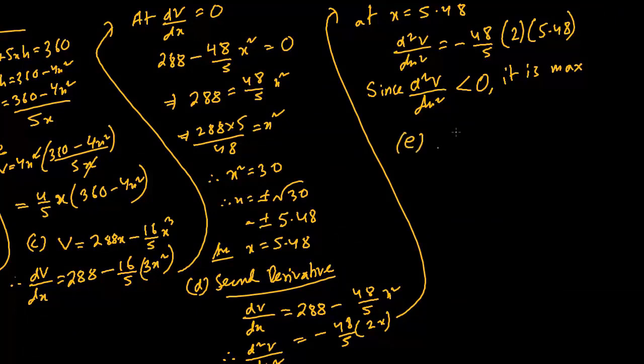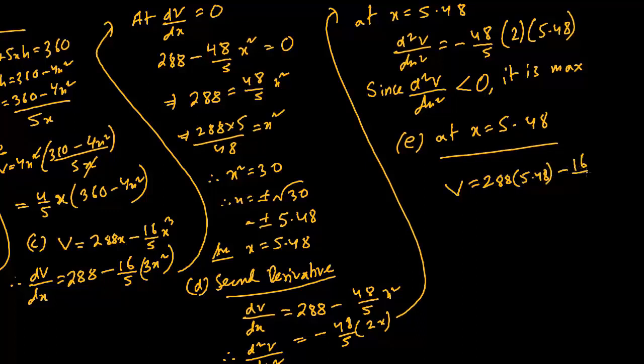So question number E, at x equals 5.48, V equals, the expression for V is right over here, 288x minus 16 by 5 times 5.48 cubed.